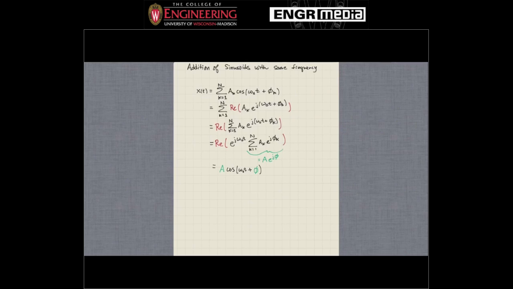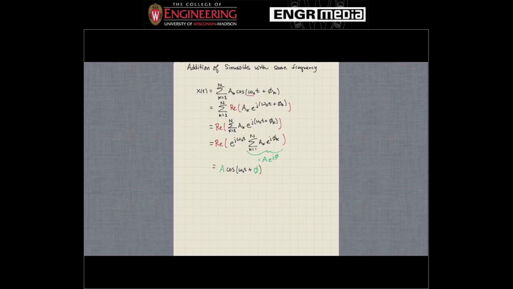All right. So let's say we have some number of sinusoids, and they all have the same frequency, right? So they all have frequency omega naught. That's the key here. Omega naught is the same in each term in this sum.